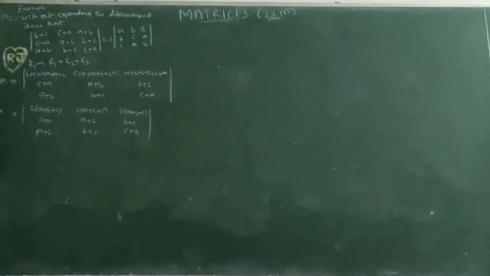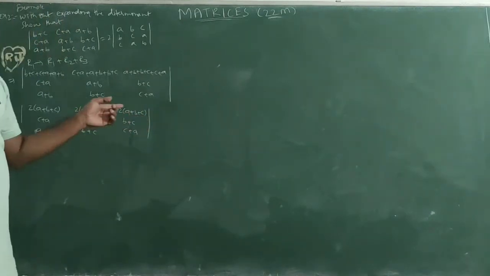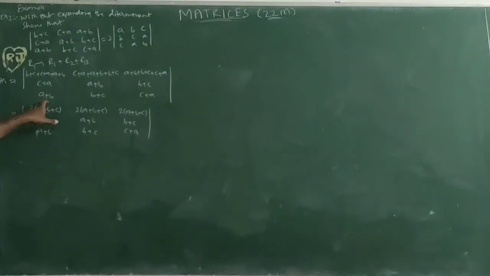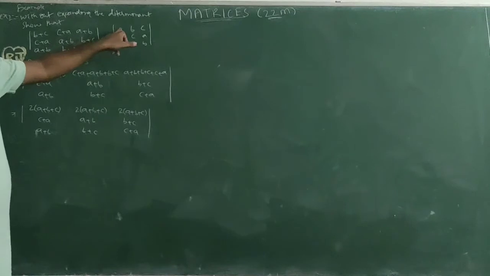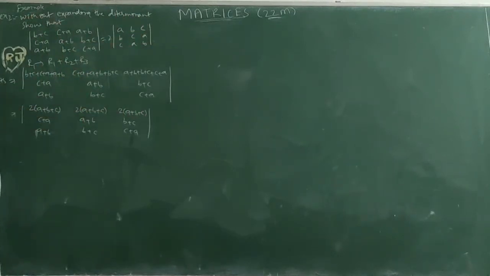What is common in the first row? 2 of a plus b plus c is common. If we take 2 of a plus b plus c common, we get 1. But we need to prove a, b, c like that, so I don't want to take it entirely common.